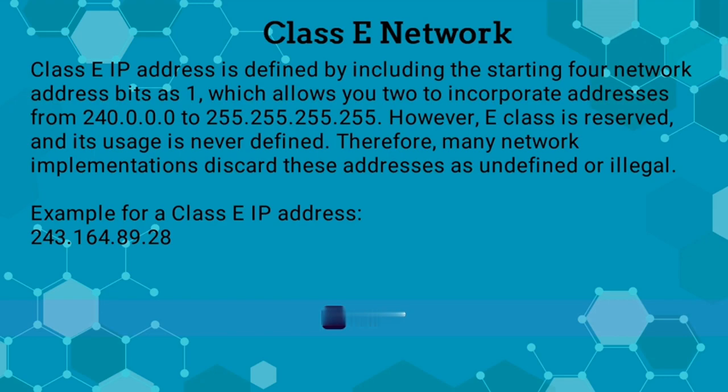However, Class E is reserved and its use is never defined. Therefore, many network implementations discard these addresses as undefined or illegal. An example of a Class E IP address is 243.164.89.28.